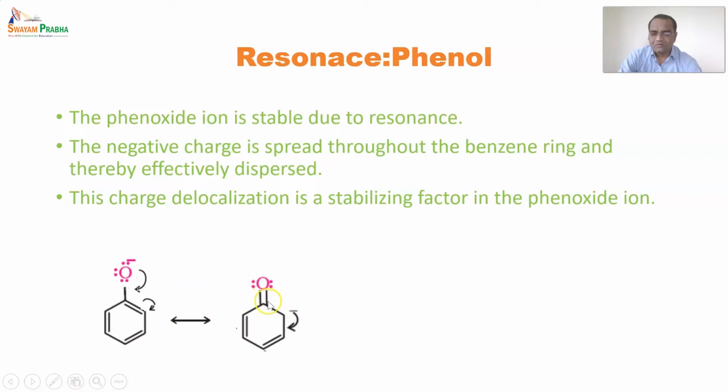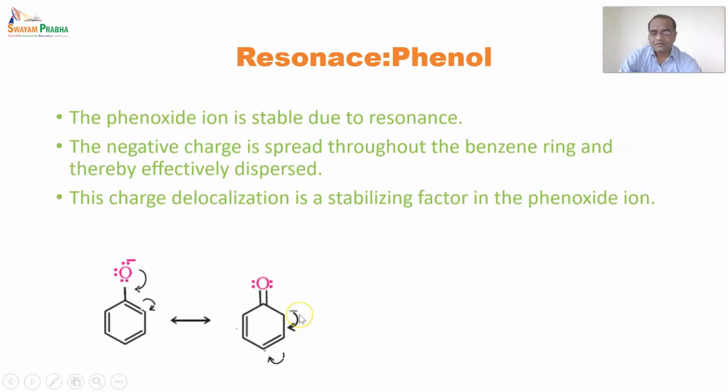Now a pi bond has formed between carbon and oxygen, with oxygen still having two lone pairs, and oxygen is satisfied because it has a valency of two. The carbon here is a negative center, and it will transfer its electrons towards the next carbon.